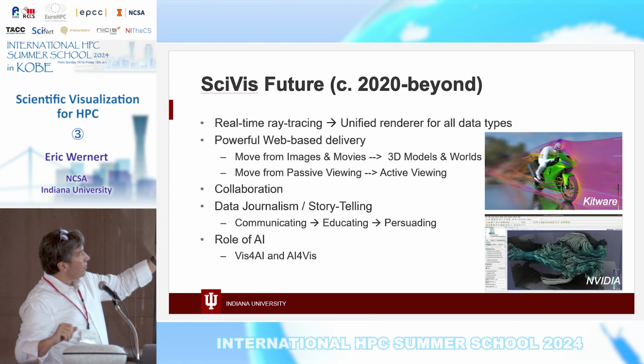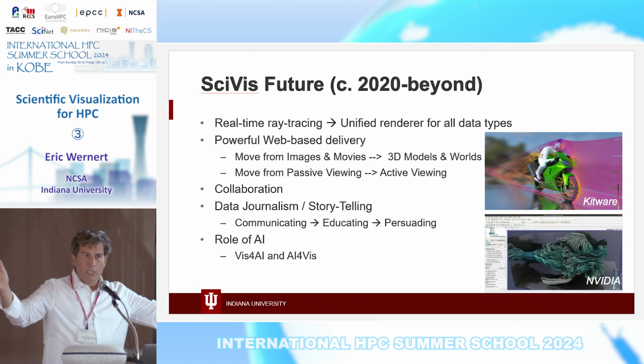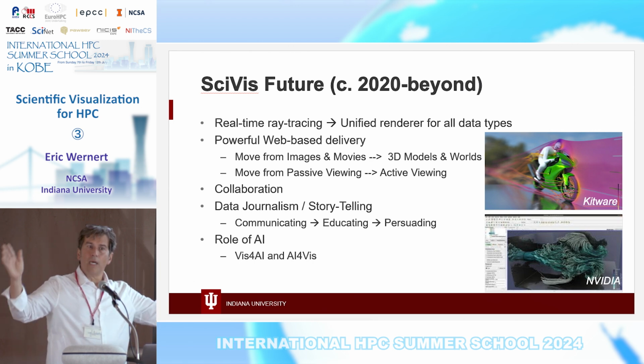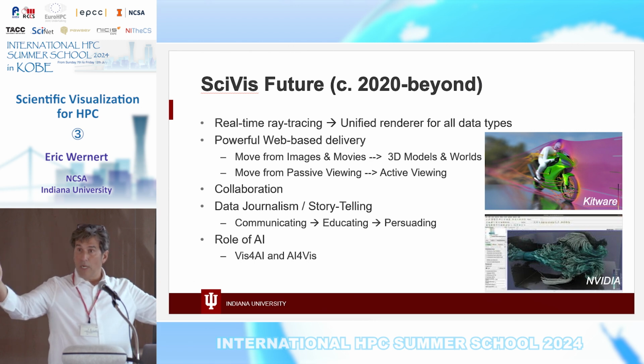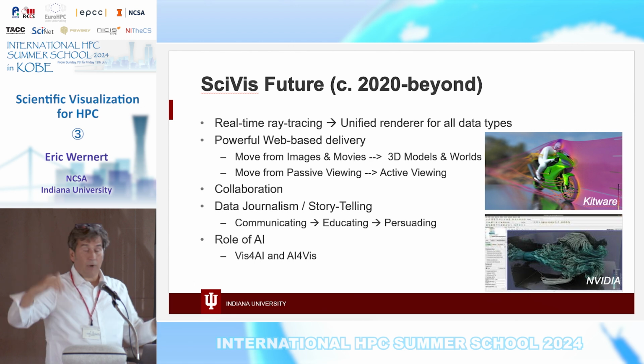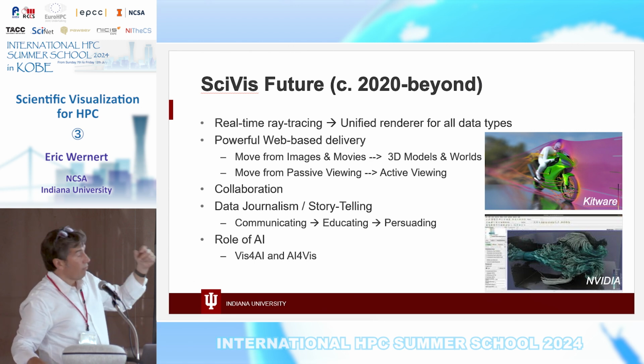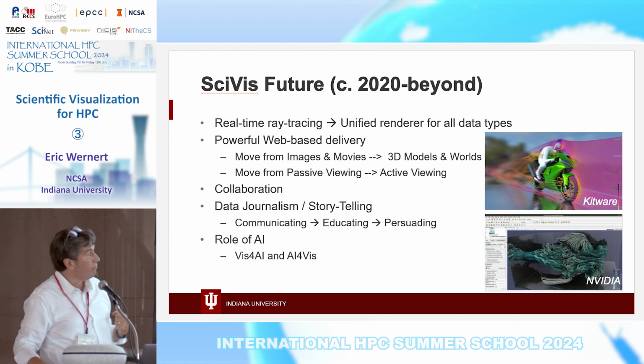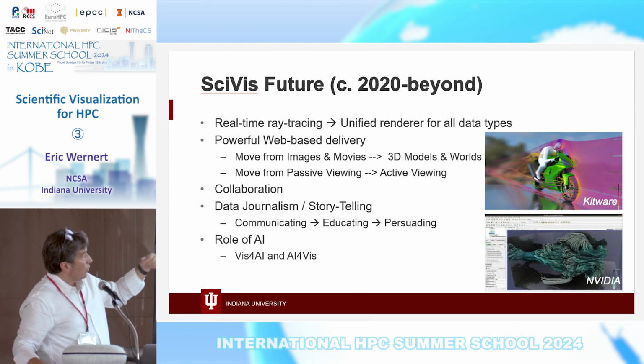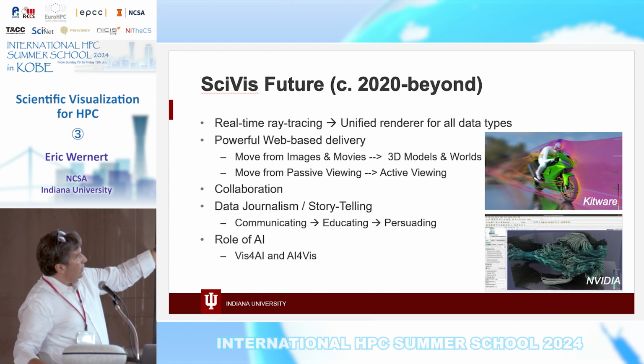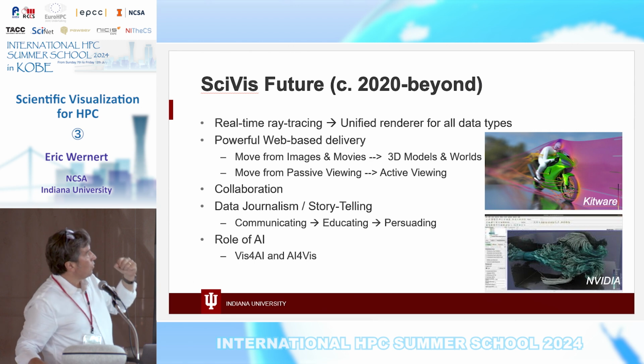Images and movies are not going to go away, but I think they're going to be supplemented or maybe surpassed by a preference for interactive models, to go from more of a passive to an active type of interaction. So collaborating, instead of just data journalism, looking at storytelling.